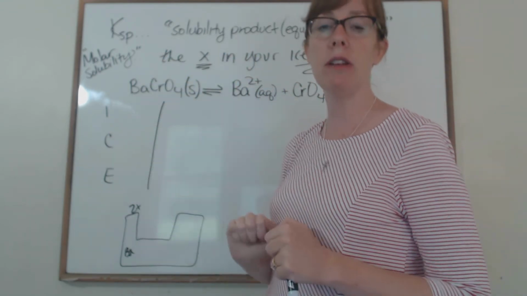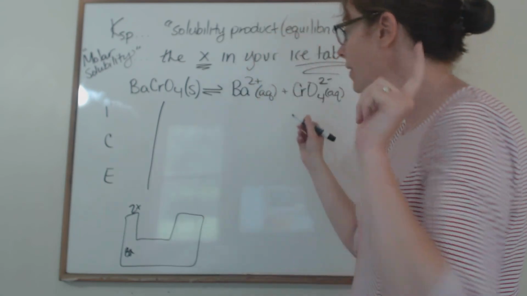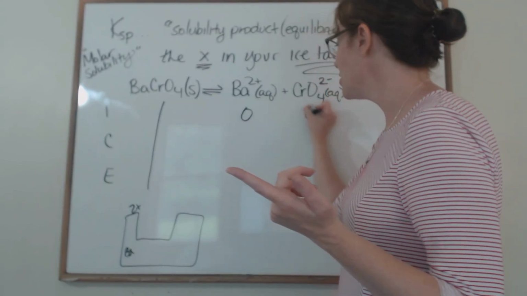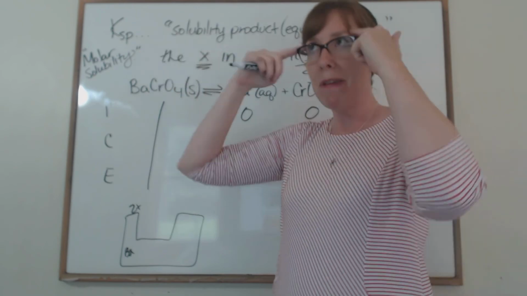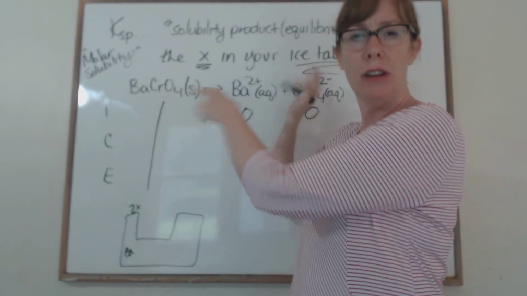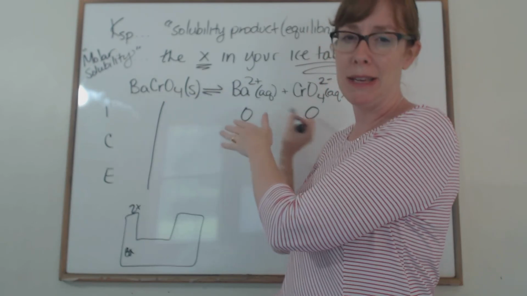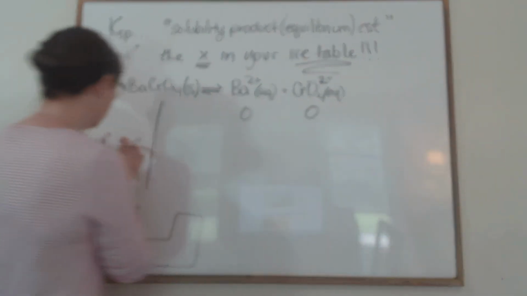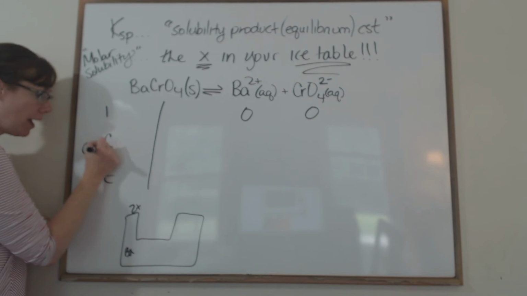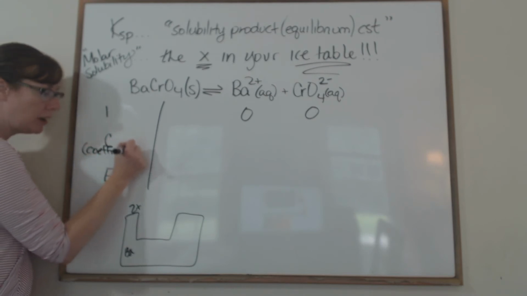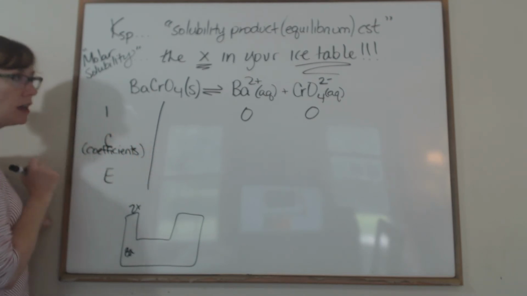Just cross it out. In addition, the initial values are always just zeros, because before something dissolves, you don't have anything. That's what initially means, so it's almost implied to be 0. Then in your change column, remember you have to consider your coefficients. This is where you're going to use x's. Oh, actually, no.